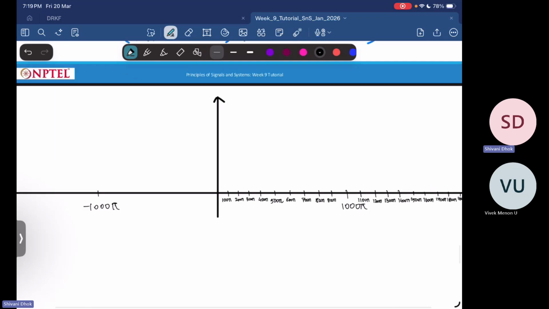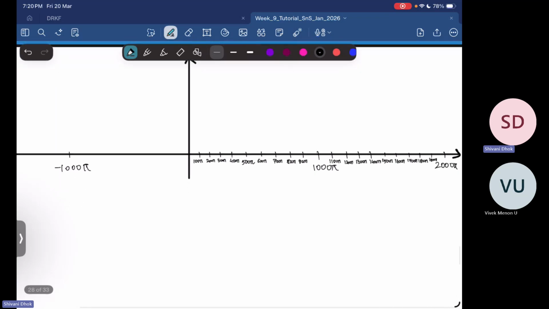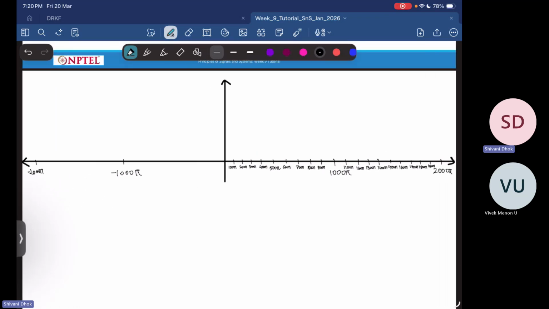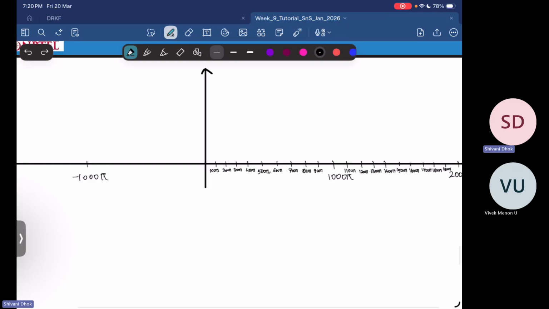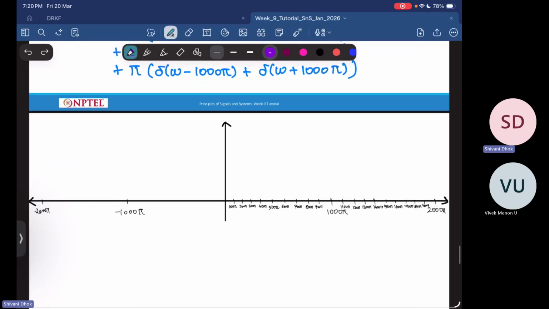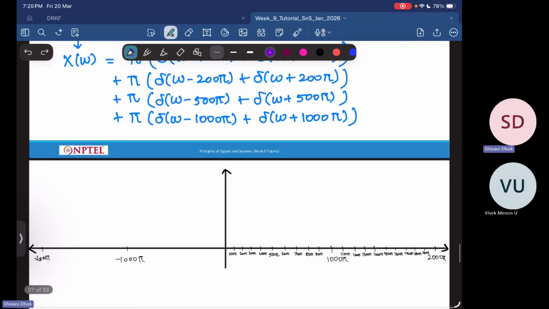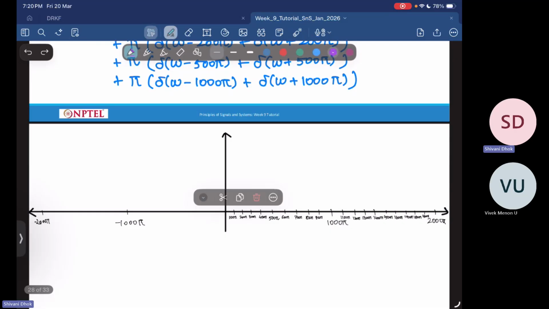And same way we'll have in the negative axis as well. I'm not drawing that for now. So what do we have here? You have X of omega, in which you will have, okay, let's draw it. Minus 100 pi, minus 200, minus 300. I'm not writing pi here, assume it's there.